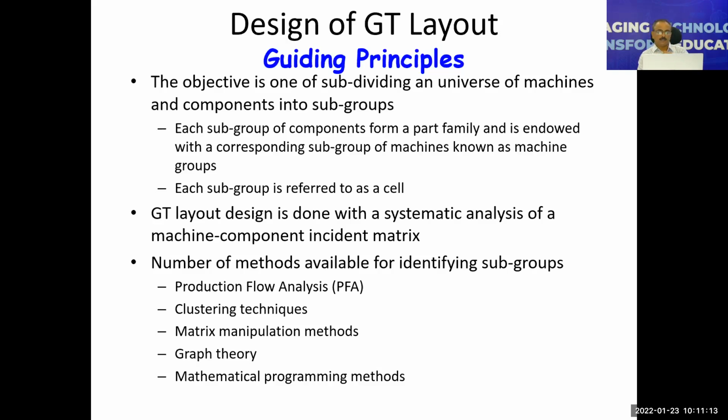Either production flow analysis, or a number of clustering analysis techniques, graph theory, and many others are available, whenever you are looking at the formation of any part family and group of machines, or at a group technology kind of layout wherein you are forming cells.